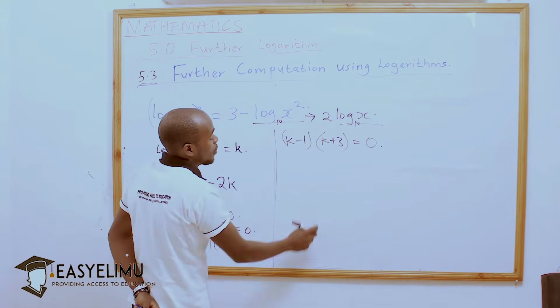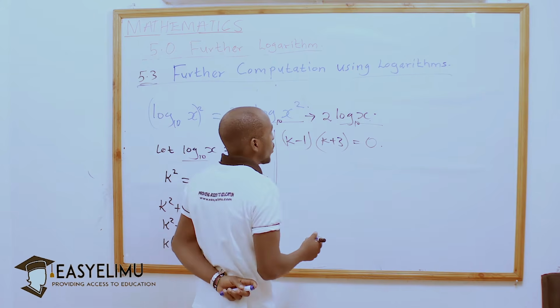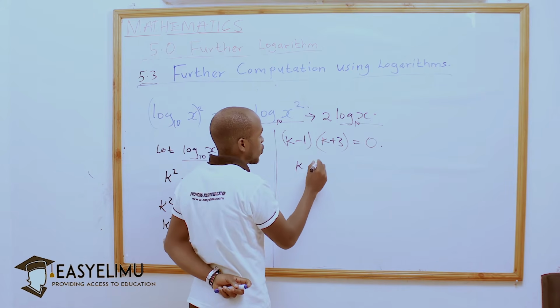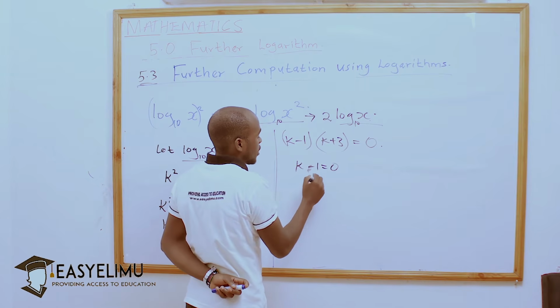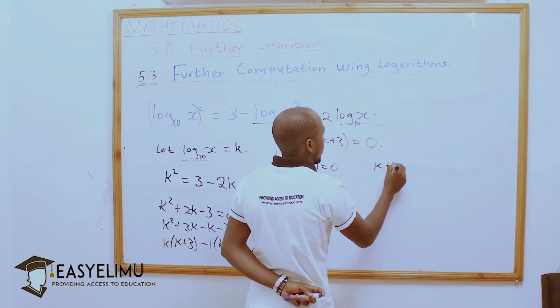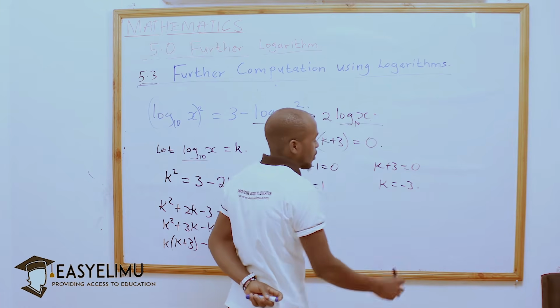So this one can be k minus 1 equals 0, such that k equals 1, or k plus 3 equals 0, such that k equals negative 3.